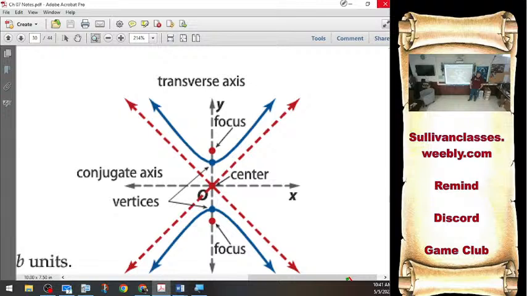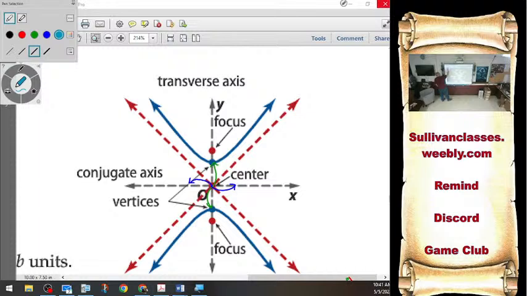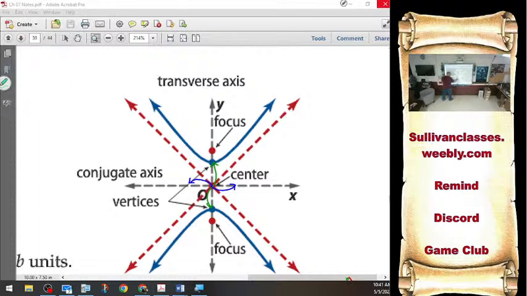The asymptotes are found with the A and B. I'm still going to A in this direction and A in that direction for my vertices. I'm going to pretend to B in this direction and B in that direction, because what I'm using those for is to create this kind of invisible box.